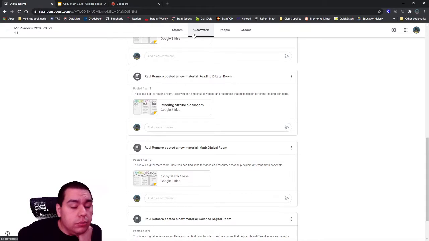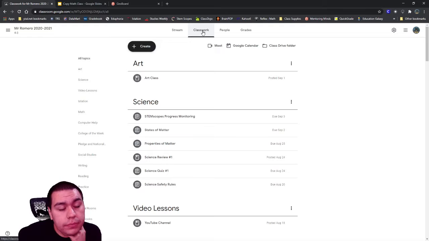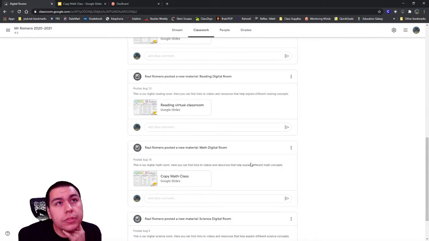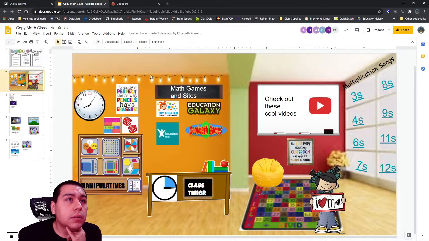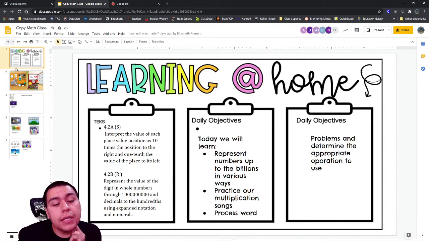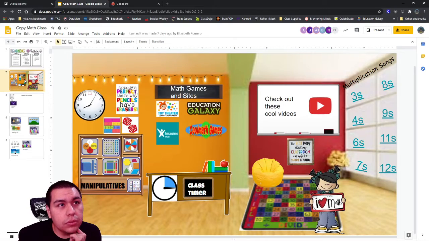If you go to our Google Classroom, you're going to be in classwork. On the left side, the topic you're looking for is digital rooms. You're going to have to scroll down a little bit, but you want to find the math digital room. When you get in, it's not going to be on slide 1. You're going to have to go to slide number 2.